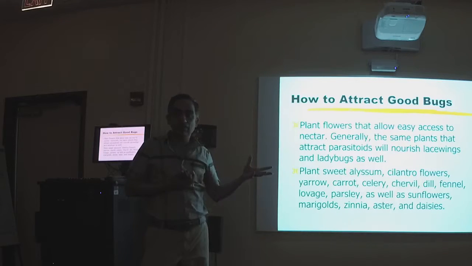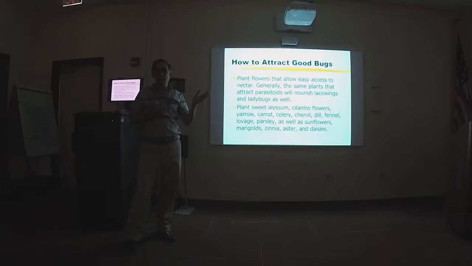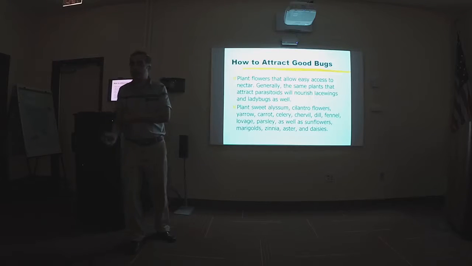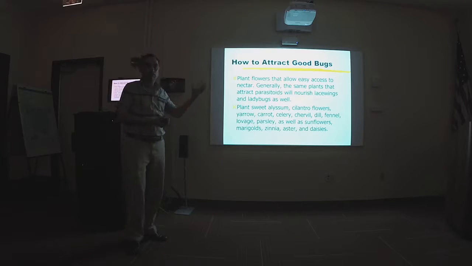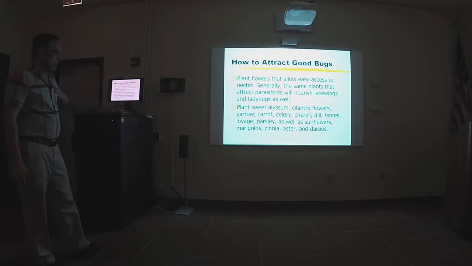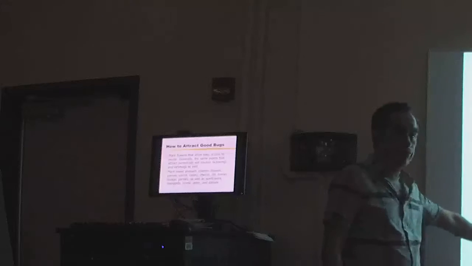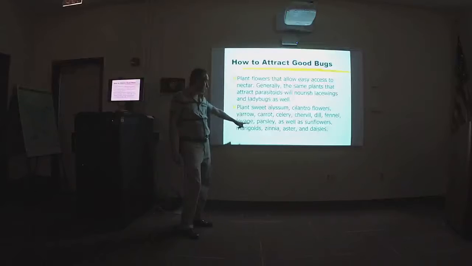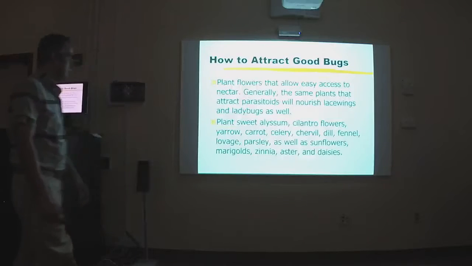But when they see all these little aphids and other stuff, what we call is they come for the ice cream and stay for the steak. So they come for the flower, but they'll eat those other bugs. Here are some of the names of the plants that you can use around your field to attract these good bugs: sweet alyssum, cilantro, carrot, celery, dill, fennel, parsley.